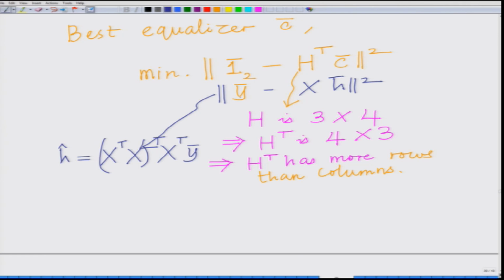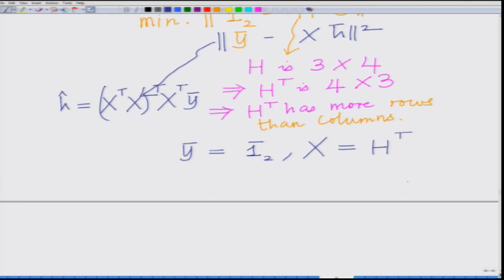Now, all I am doing is replacing y bar by the vector 1 bar 2. In this example for equalization, y bar is your vector 1 bar 2, x is nothing but the matrix H transpose, and I am trying to estimate C bar, which plays the role of H bar here.